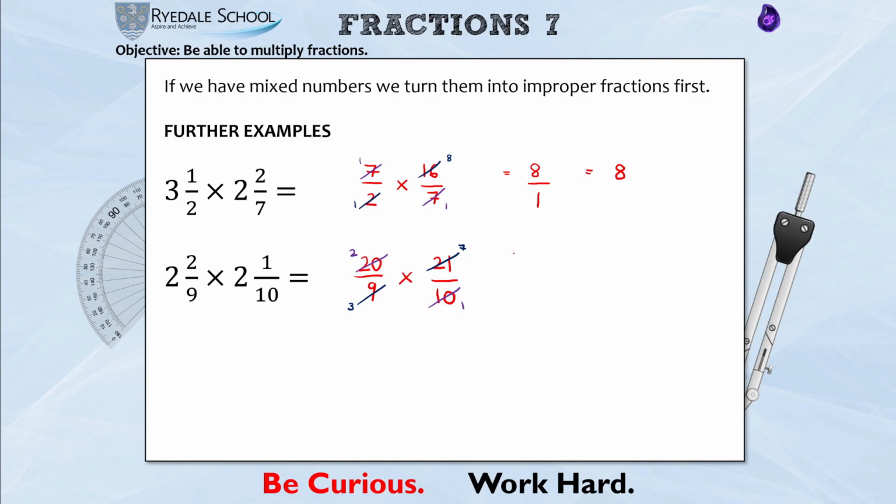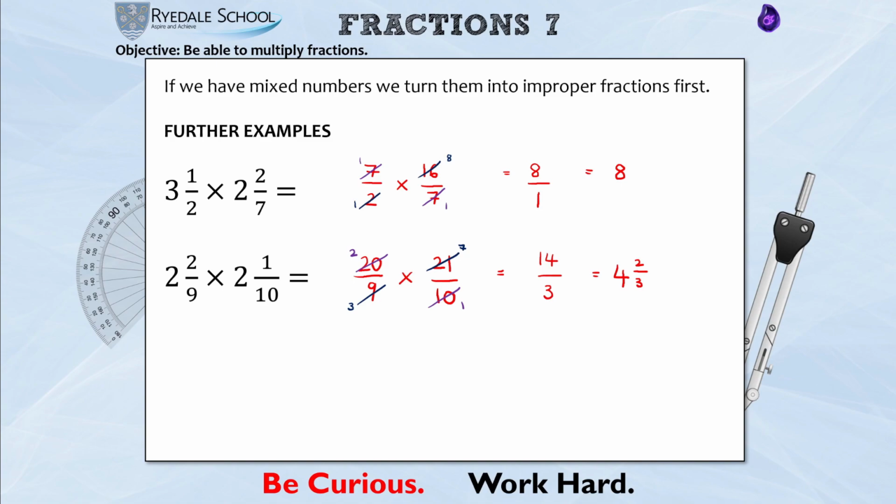That is all the cancelling that I can do. So 2 times 7 is 14 and 3 times 1 is 3. So I end up with 14 thirds. Well, 3 goes into 14 4 times with 2 left over. So that, as a mixed number, is 4 2/3.